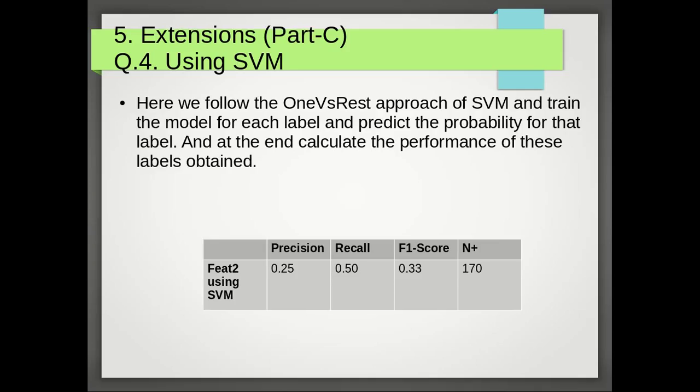So I have done it using SVM, and I have followed the one versus rest approach of SVM and trained the model for each label and predicted the probability for that model, and at the end calculated the performance of these labels obtained. So when I did this for feature 2 using SVM, I was getting an F1 score of 0.33 and n plus of 170, which was quite decent, not very good.